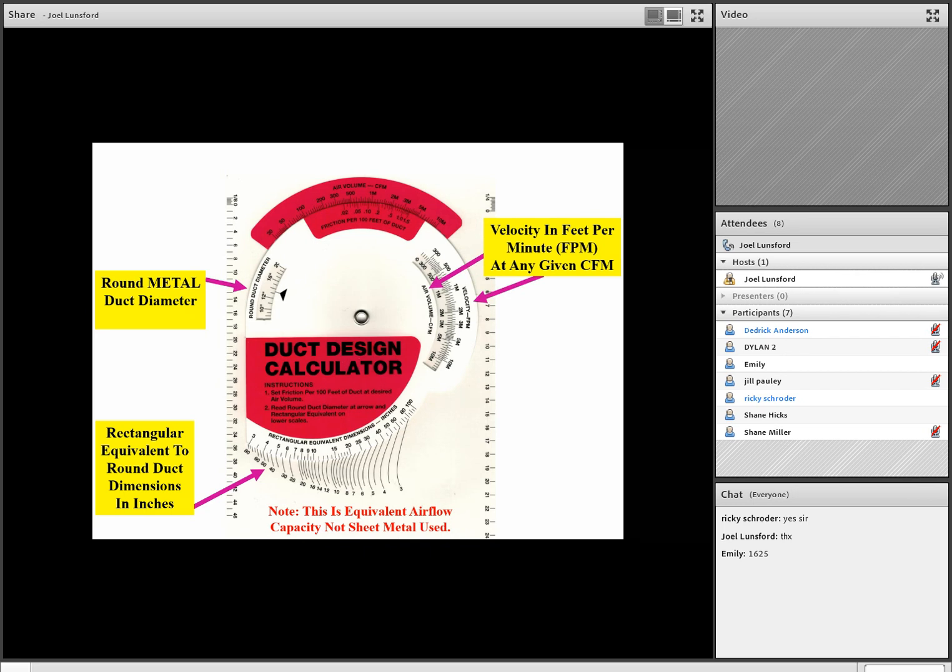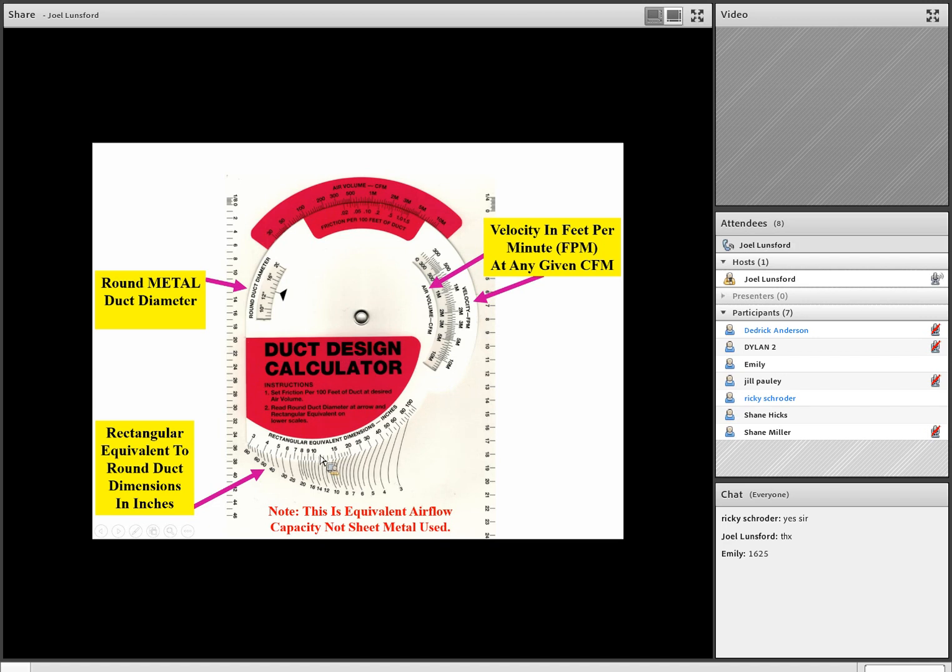So in our example, we needed about a 13.5 or 14-inch round metal duct on our screen, but if we had some sort of construction constraint and couldn't get a 14-inch round duct in there, if you look at my cursor moving on the screen, I could fabricate a duct 20 by 7 or 20 by 7.5 inches, which would give me the same equivalent as that 14-inch round duct.